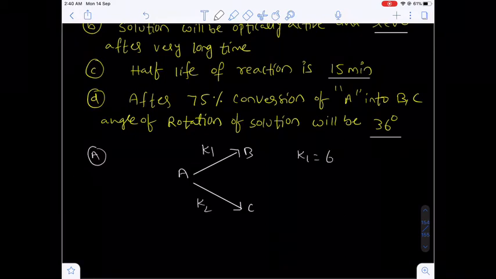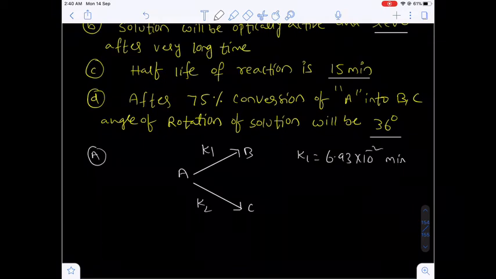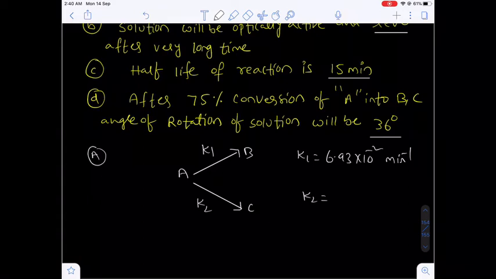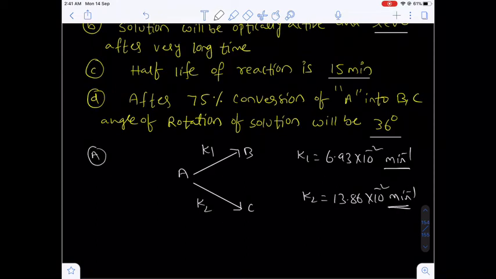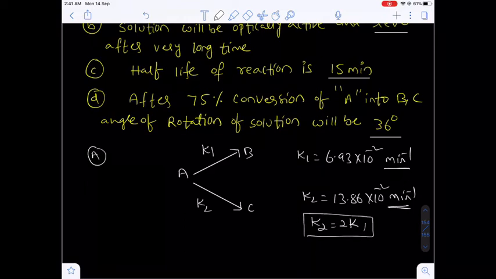That is equal to 6.93 into 10 raised to minus 2 per minute. And what about the K2 here? 13.86 into 10 raised to minus 2. Remember, both the rate constant units are per minute. That means time inverse. So both are first order kinetics. Remember, K2 is 2 times of K1. Yes. Are you getting my point?